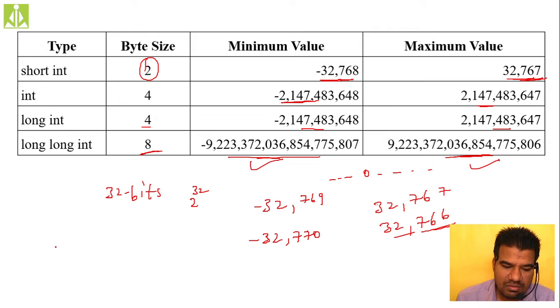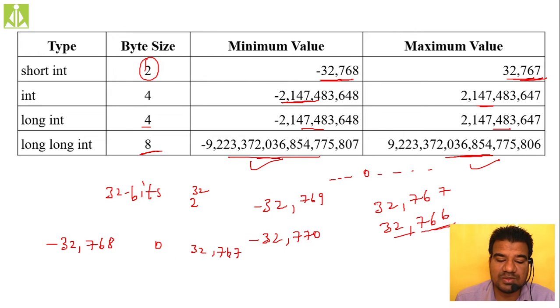So on the minus side we are storing up to 32,768 including 0, and on the positive side we are storing 32,767. Like this we said. This is for signed short integer.